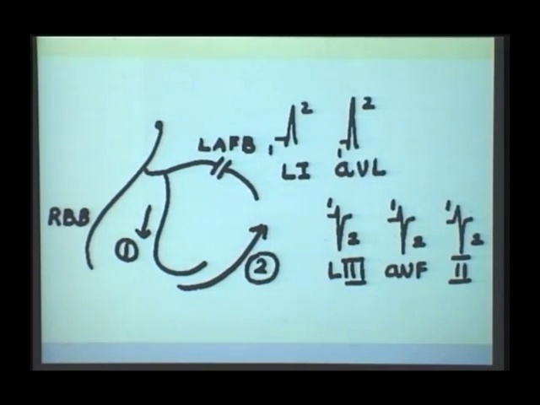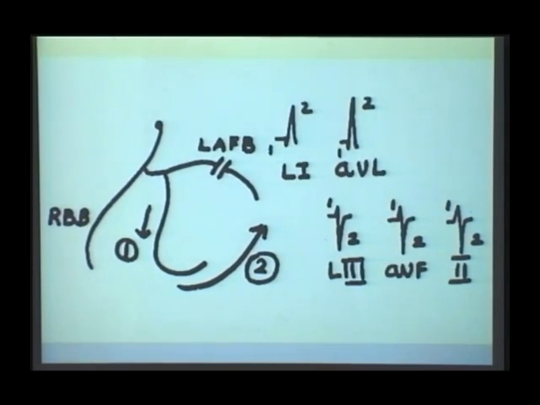Because this vector goes superior and to the left, L1 and AVL will show the tall positivities. AVL will have the tallest positivity when compared to L1, whereas the inferior leads L2, L3 and AVF will have the terminal deep negativity because this vector, which is going up and superior, will be going away from your inferior leads.